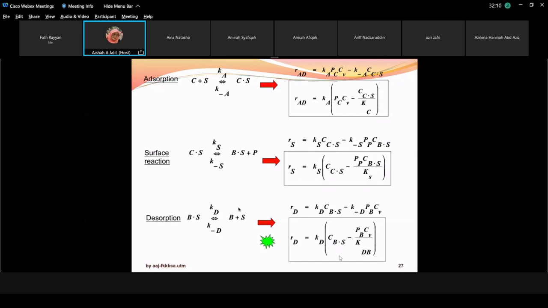If you see your WhatsApp, since more than 75% of all heterogeneous reactions are not diffusion limited, the rate limiting step in 75% of heterogeneous reactions is the surface reaction. So you have to try first with the surface reaction.